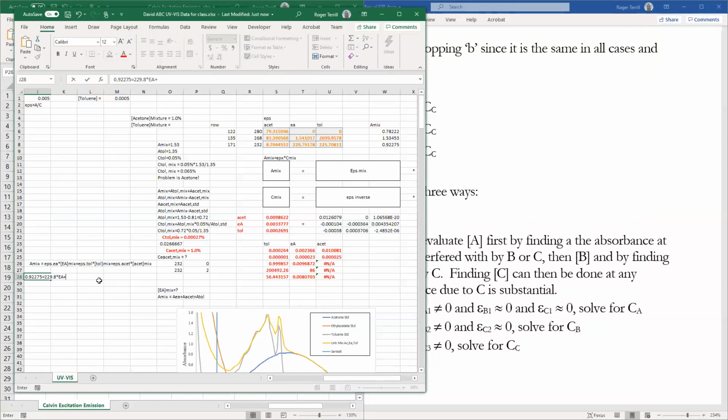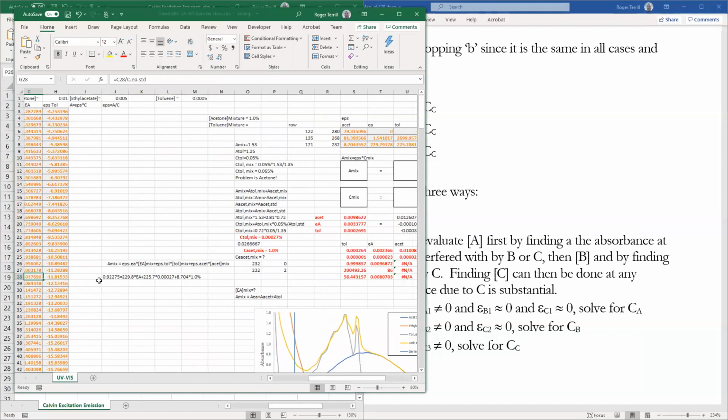That's going to be plus epsilon toluene, which is 225.7 times C toluene, which we now know is 0.00027, plus epsilon for acetone, which is 8.704 times the concentration of acetone, which is 1.0%, right?